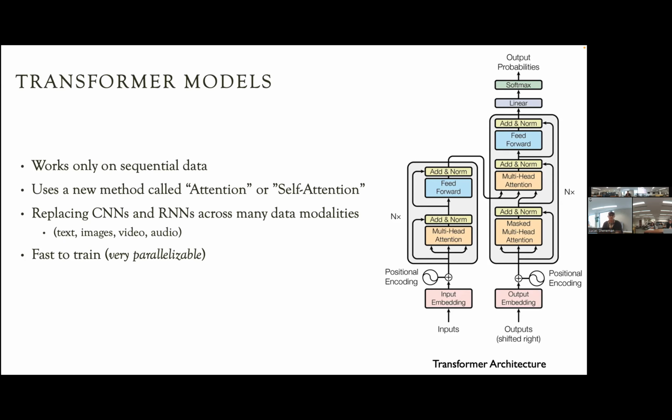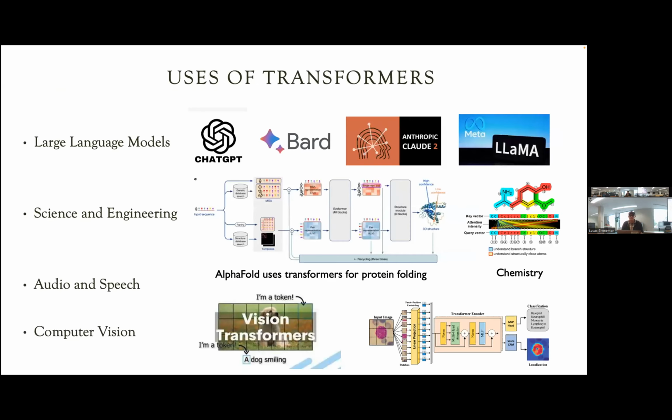Transformers are kind of the hot thing right now. The other thing that makes them very compelling is they're very parallelizable. A lot of the calculations you do when calculating attention, you can do in parallel. That parallelization takes advantage of the GPUs, like I mentioned earlier, in order to do things very quickly.